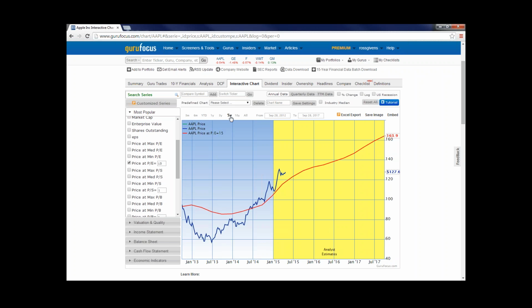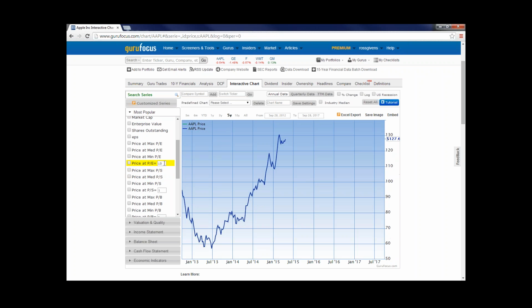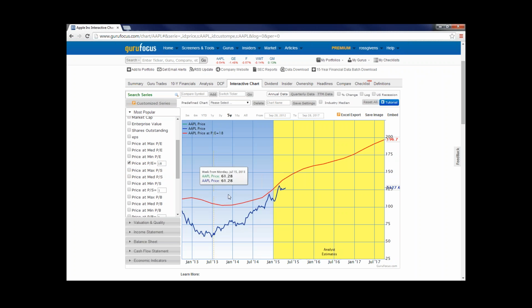15 times earnings, 18 times earnings, whatever that figure is, you can simply plug it in here, check the box, and it will put out that theoretical price of what the stock will be at this multiple of earnings if the expectations going forward are met.